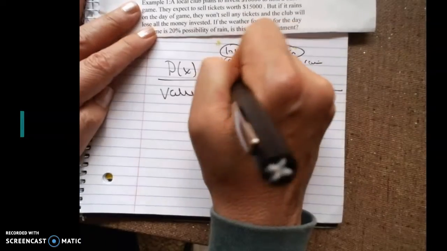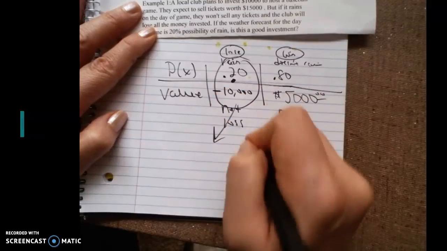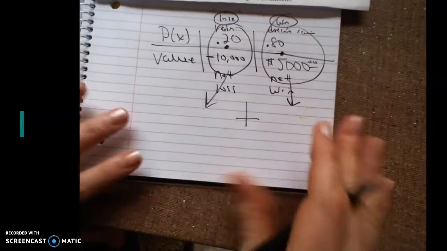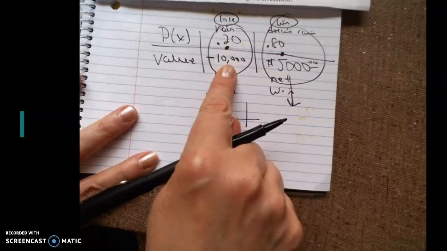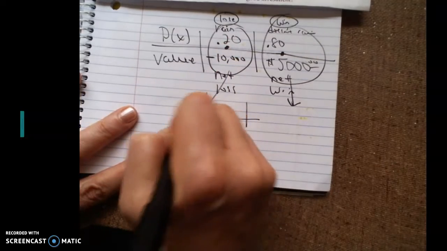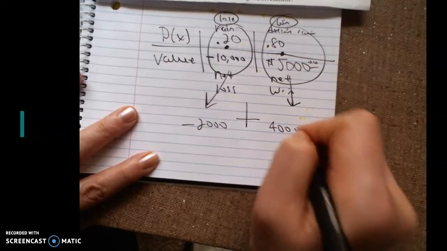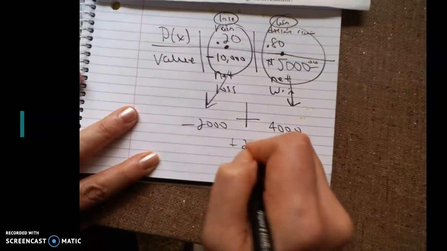All right, so again, probability times value, get an answer, plus probability times value, get an answer, and then we'll see what we get. So if you type this in your calculator, okay, that is what, negative 2,000? And if you type that in your calculator, that's positive 4,000. So if you add that together, that's a net of 2,000.